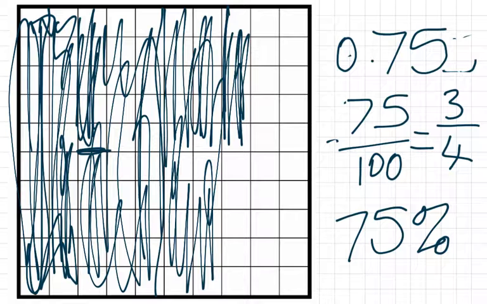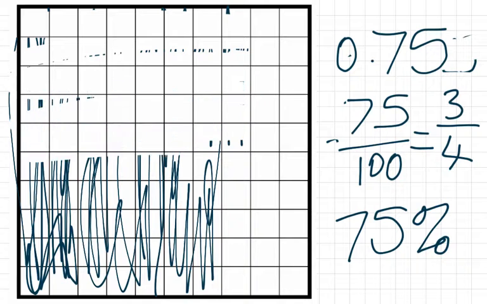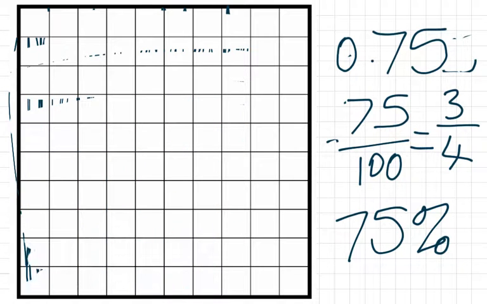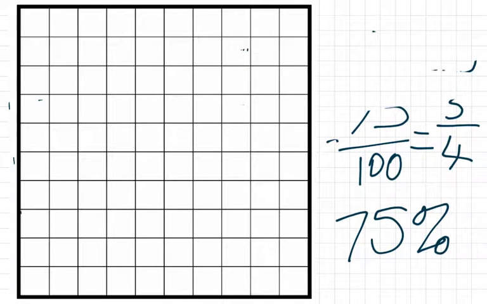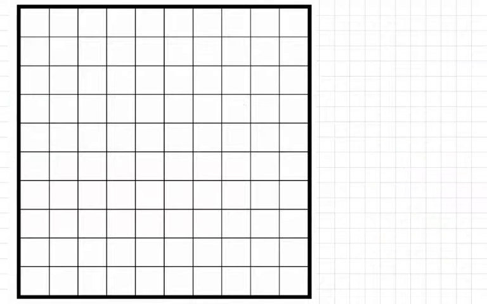Some other basic fractions that you will be able to work out. I know there's a quicker way to do this. There we go. Some other more basic ones you'll be able to work out.